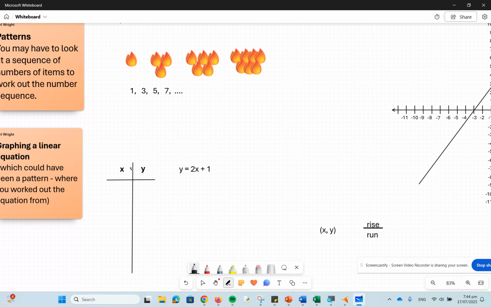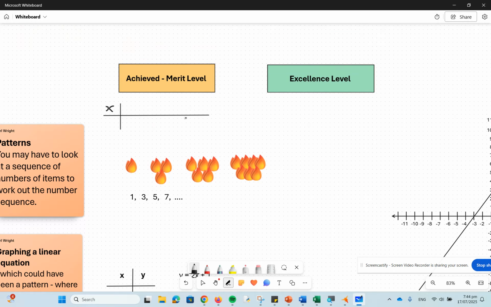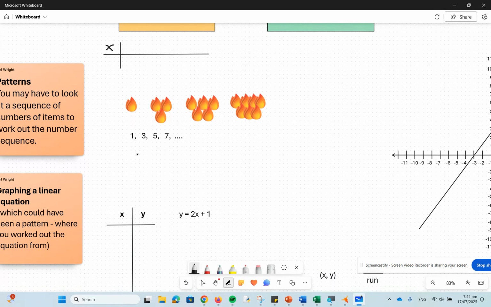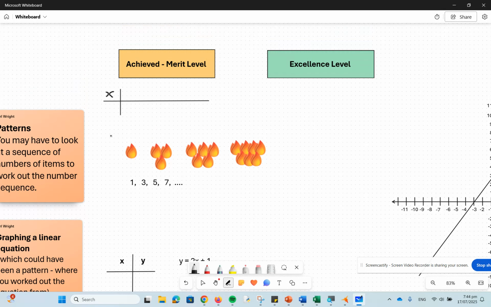It doesn't really matter whether you do it vertical or horizontal, but I'll show you both ways so you can see how they work. I'm just going to label it X and Y. You could label it with different letters. They're just letters. Sometimes N or T. In fact, that is a good way of doing it: T for the term.